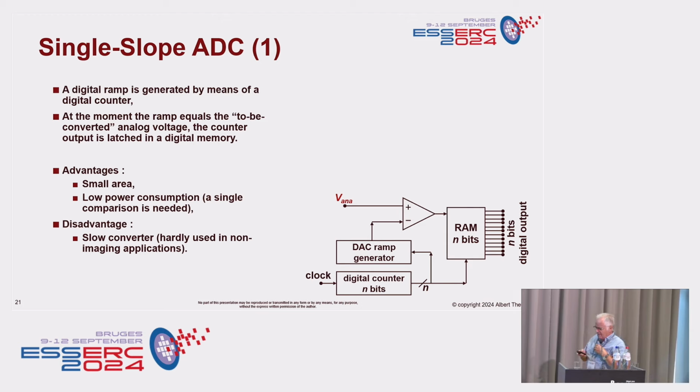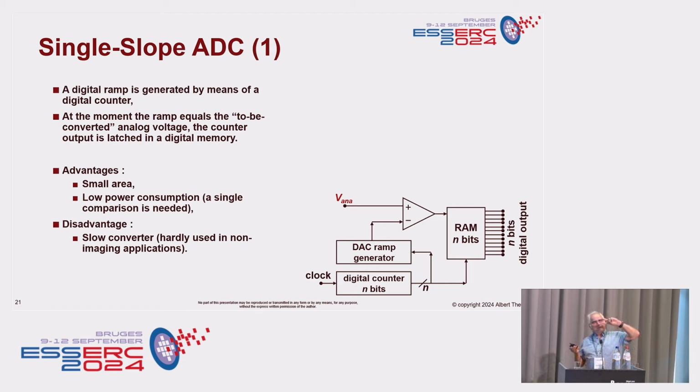Well, the working principle is relatively simple, but the whole world is becoming relatively simple if you know how it works. So you start off with a digital counter over here with n bits. And this guy is simply counting 1, 2, 3, and so on. That digital signal is fed into a DAC ramp, a digital to analog converter.